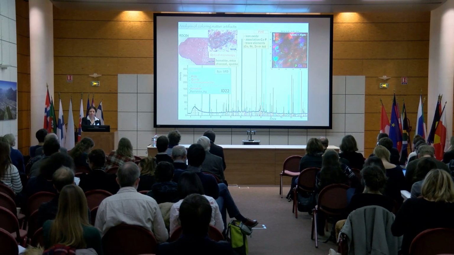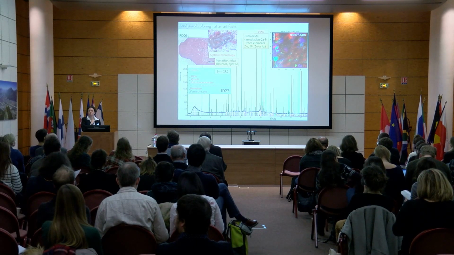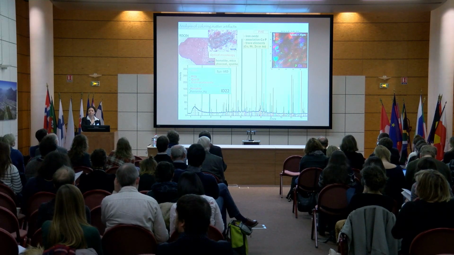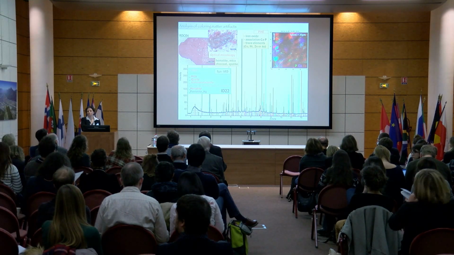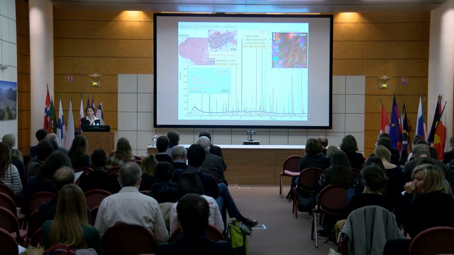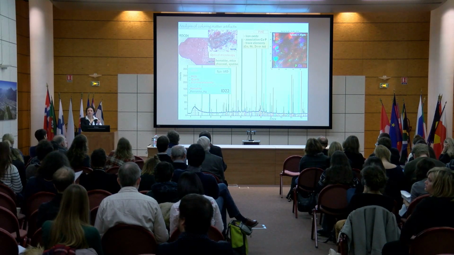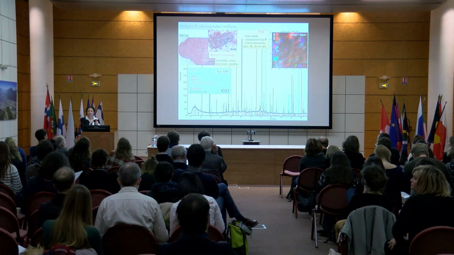Okay. Because you have this combination between carbon and apatite, you can also think of burnt bone remains. Yes, but we don't see any bones, and the size of the apatite is not sufficient.